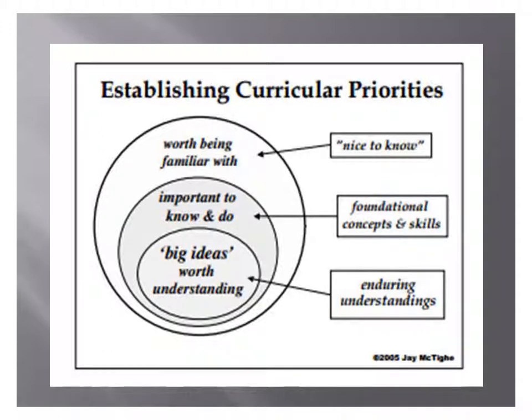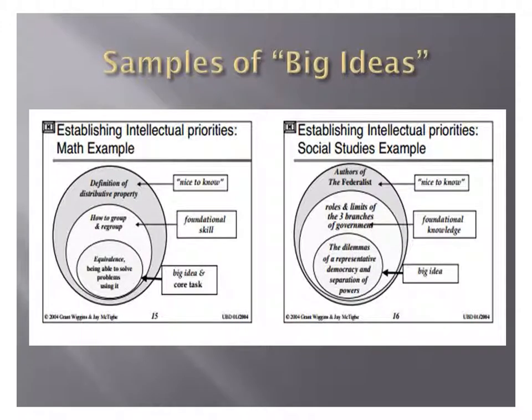So here we provided you some examples of big ideas for math and social studies, and you can see how they take that big idea and they show you some of the nice to know ideas. So specific on the social studies example, the authors of the Federalist, that's just a nice thing to know. It's not a big idea that is going to be an enduring understanding years down the road that the student needs to understand.